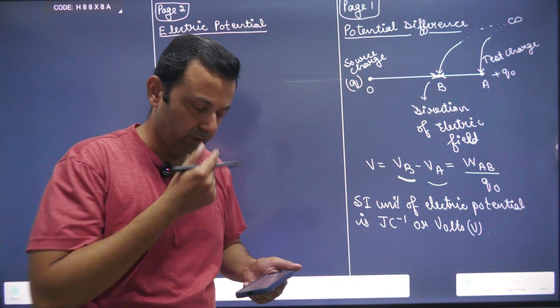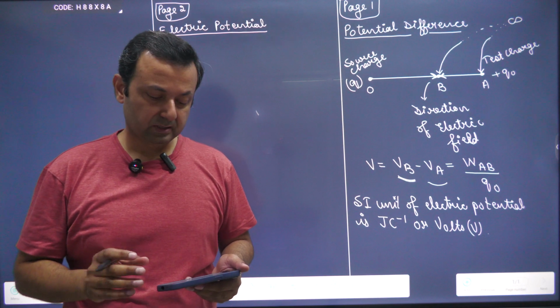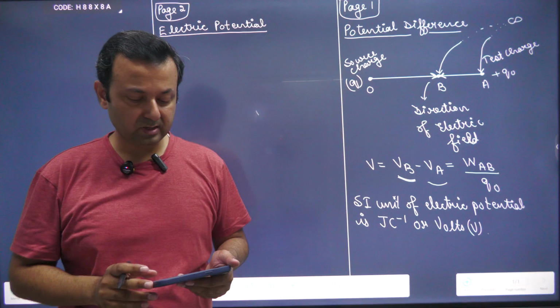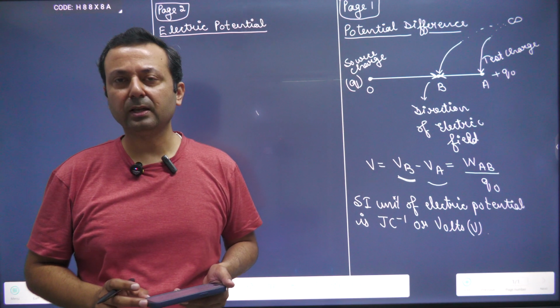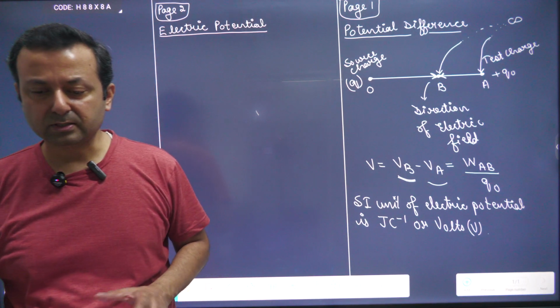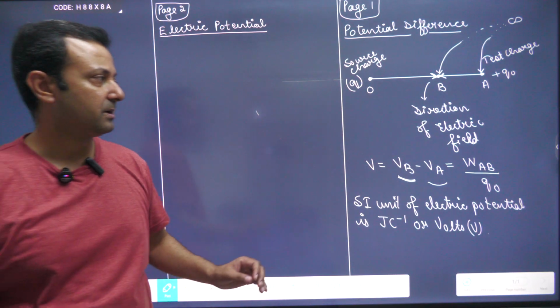Electric potential at a point in an electric field is the amount of work done in moving a unit positive charge from infinity to that point against the electrostatic forces. This is again the same thing which I have discussed right now.